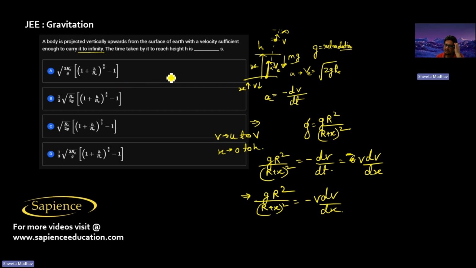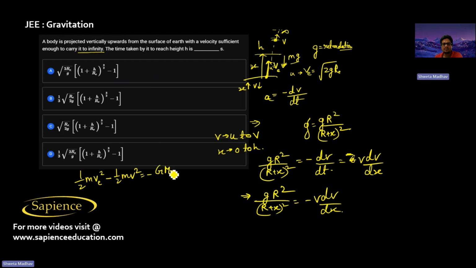At a height h, the velocity will be how much? You can conserve the energy also. The loss in kinetic energy, half mv square minus half mv square, is equal to the gain in potential energy, which is final minus initial.